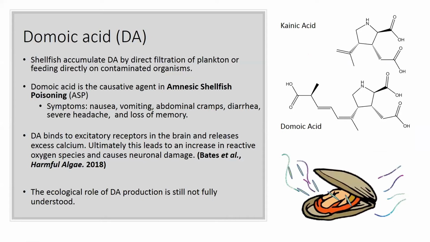So domoic acid. So how are we as humans getting domoic acid? Well, shellfish that we enjoy consuming, like mussels, clams, and sometimes oysters, can accumulate DA by direct filtration of plankton in the water. So the PN is in the water column, and as these shellfish are filter feeding, they are trapping cells in their gut.